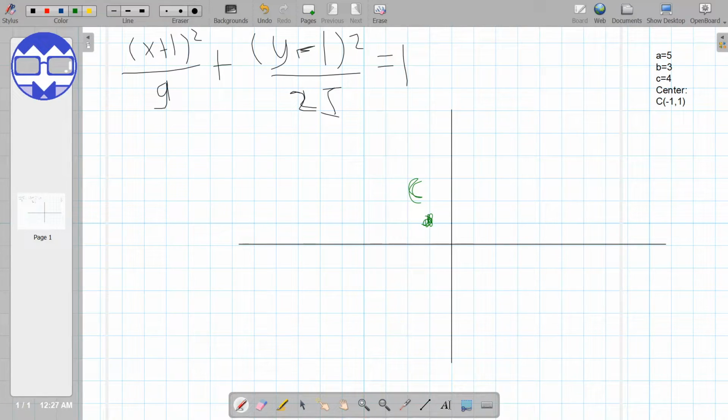Now, what will be the orientation? The orientation will always depend on the larger constant. Our largest constant here is 25, the denominator, and it's located under y minus k, and y minus k is always vertical. Hence, the major axis is vertical. So we move vertically by 5, either upward or downward.